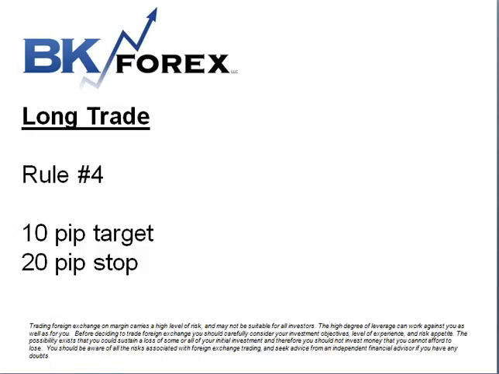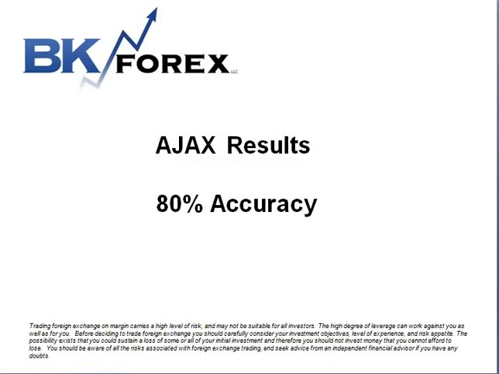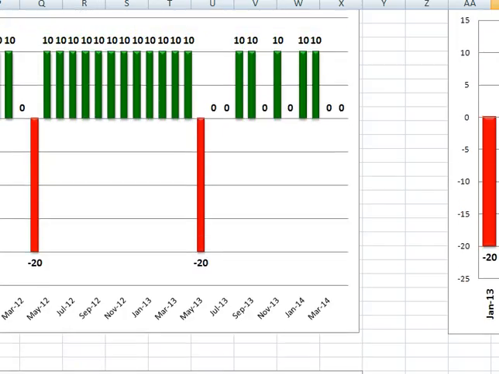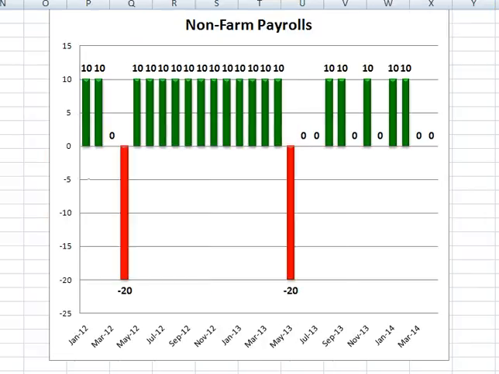So as I said earlier, the Ajax aims to achieve 80% accuracy. And these are some of the results that we've had with the Ajax strategy. This first graph is of non-farm payrolls. And you can see that in this example here, we have a good number of samples.